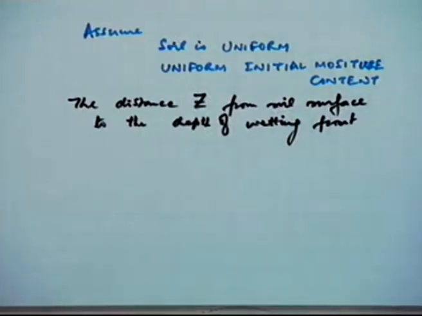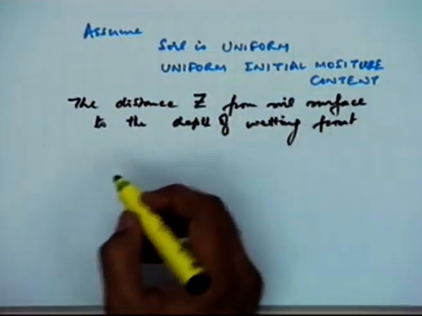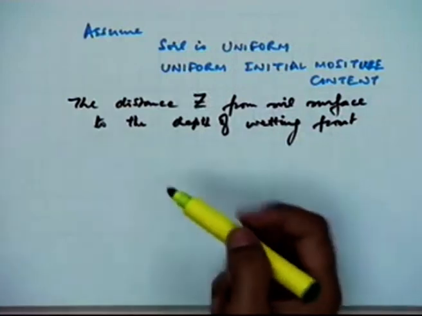When you irrigate the soil, when the infiltration will take place, the wetting front will move. So if you want to express that wetting front in the form of distance z, then this distance z can also be expressed.